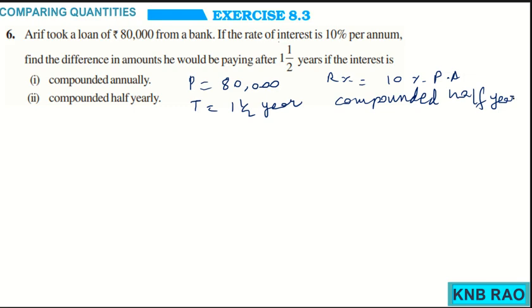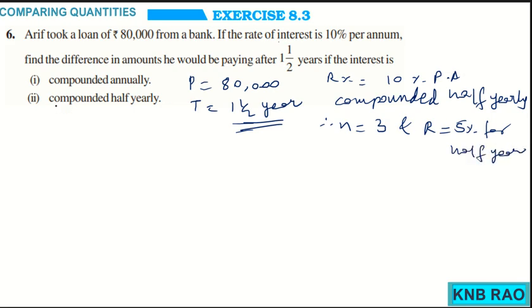When compounded half yearly, n becomes 3, because the conversion periods, that is half years, are 3 in number in 1.5 years, and rate of interest becomes 5% for half year.